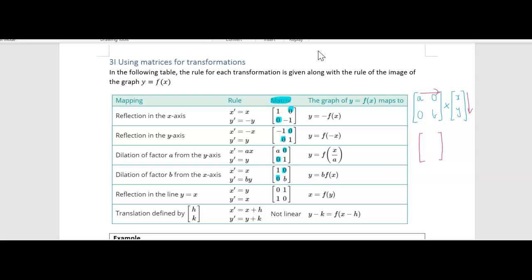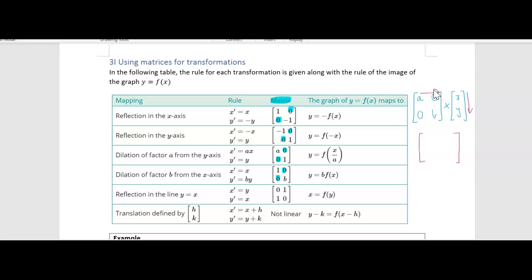We have covered matrices before, so I'm not going to give you another lesson in matrices, but there is a video there if you need to have a look. You don't need to know too much about matrices, but you do need to know how to multiply them, and these are quite simple ones to multiply.